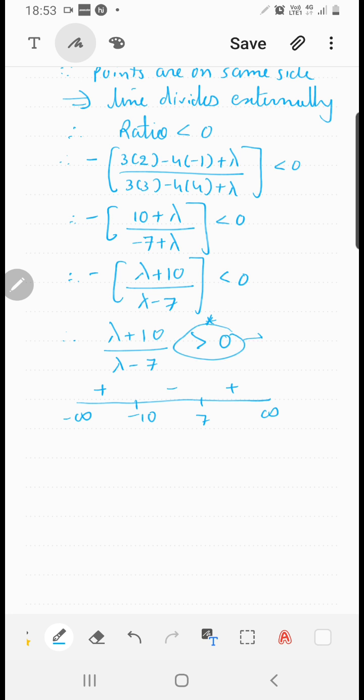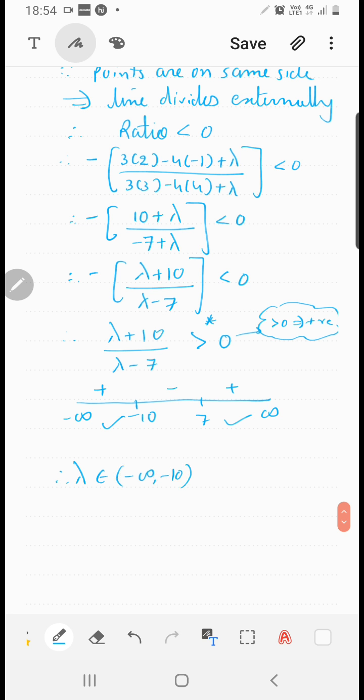Again I'm looking for greater than 0, so I write here greater than 0 implies positive. Fine, so I need positive region, so this is my required region. So can I say again, lambda belongs to minus infinity to minus 10, open interval, union 7 to infinity.